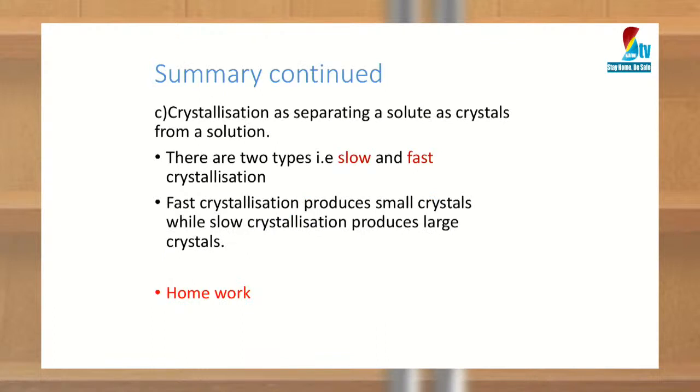Whereas in crystallization, we are separating the solid as crystals from the solution, and hence we said there are two types of crystallization: slow and fast crystallization. And of note, we said fast crystallization produces small crystals, while slow crystallization gives us larger crystals.